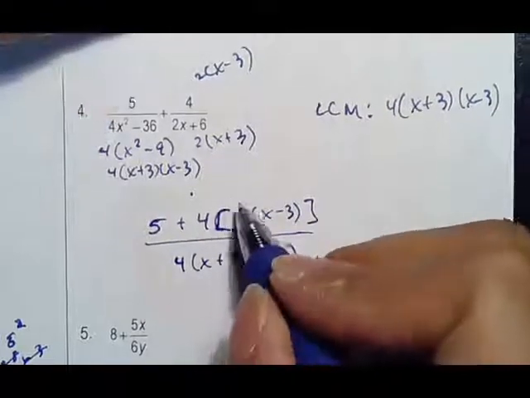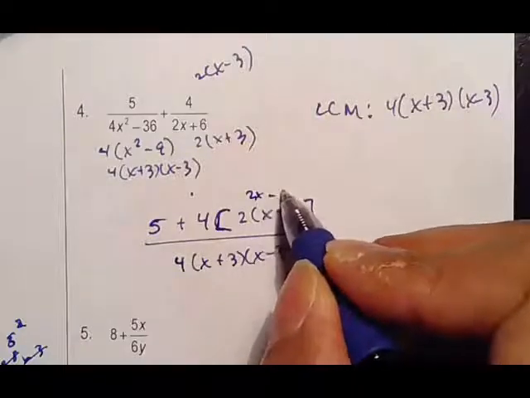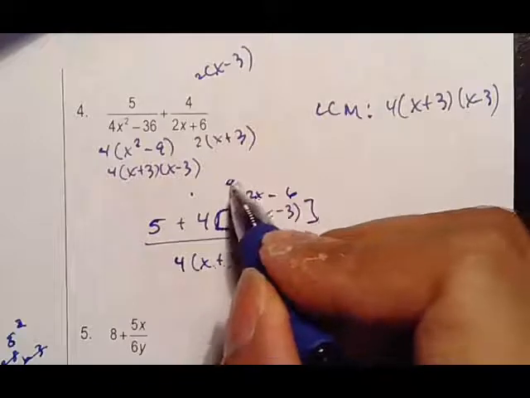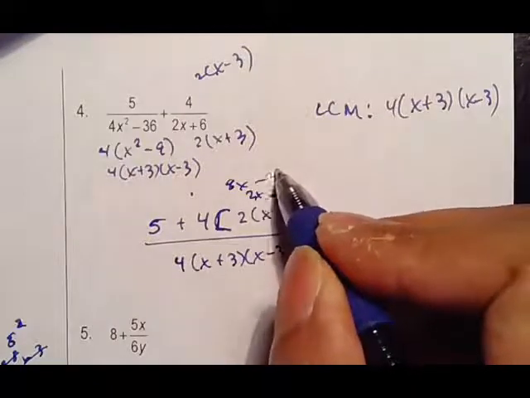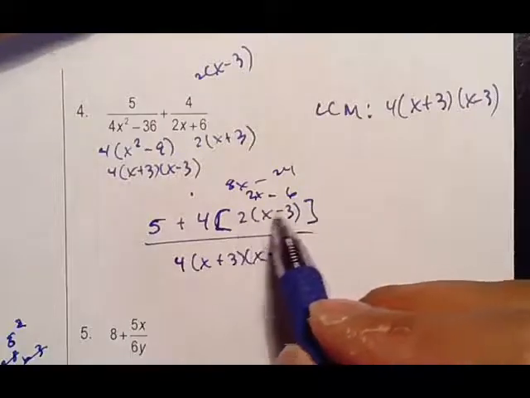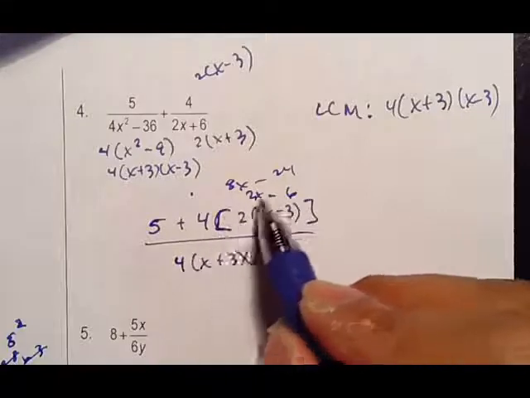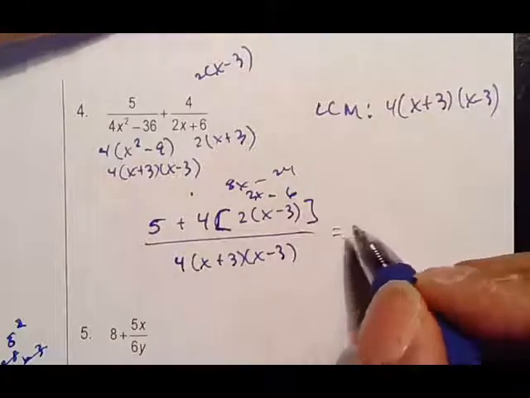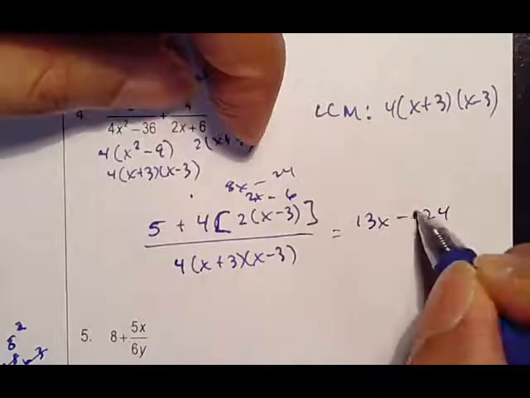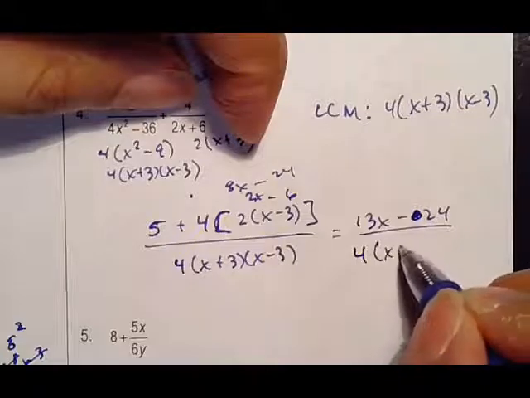This turns into, and I'm just going to go ahead and work that out here since I don't have a lot of room, 2x minus 6, which means that we end up with 8x minus 24. Again, this is a little way that I'm using to save space. So 2 times x minus 3 turns into 2x minus 6. That's going to get multiplied by 4, making 8x minus 24, which means we end up with 13x minus 24 over this.